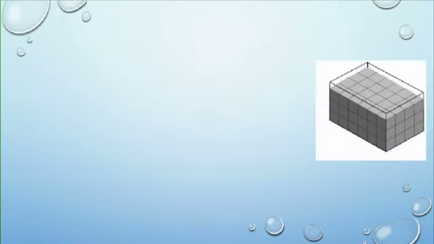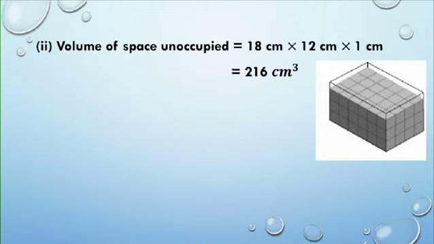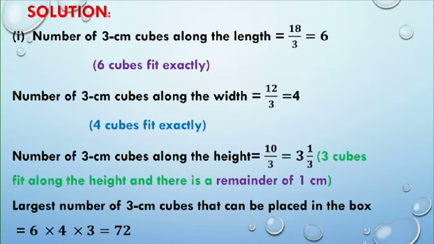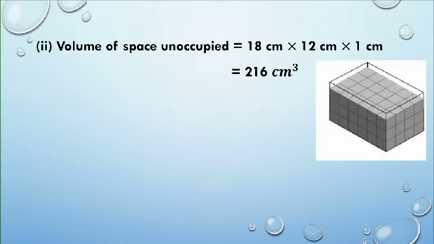Now, second part, I need to find the volume of space unoccupied. If you remember, we had dimensions 18, 12, and 10. So, in the previous slide, we saw that 1 centimeter will be left. So, the volume of space unoccupied will be 18 times 12 times 1. That is 216 centimeter cube will be left unoccupied.